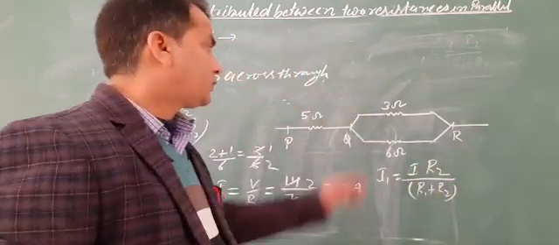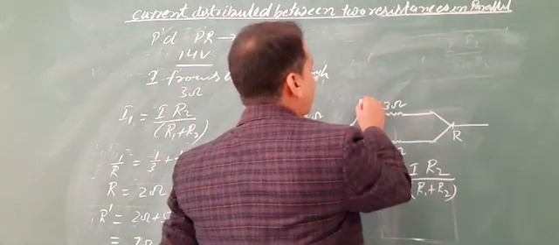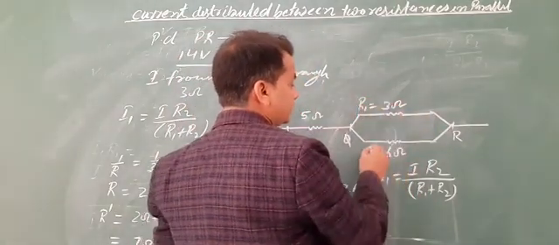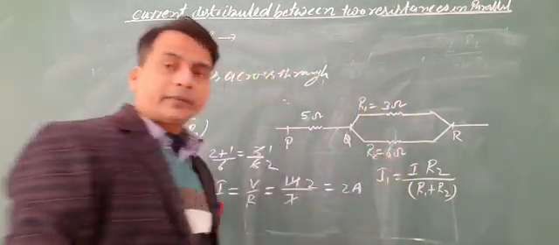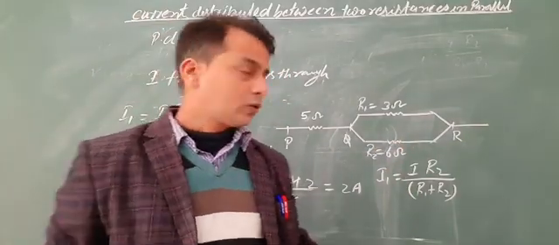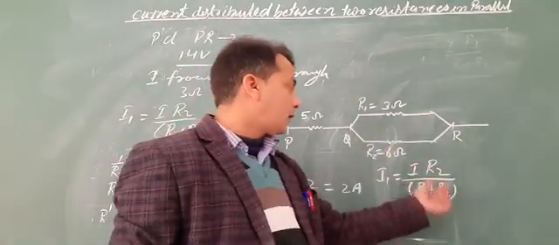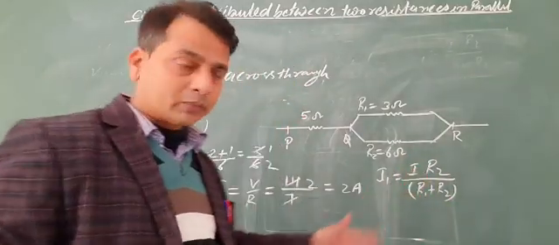Here the two resistors are 3 and 6: R1 equals 3 and R2 equals 6 ohm.